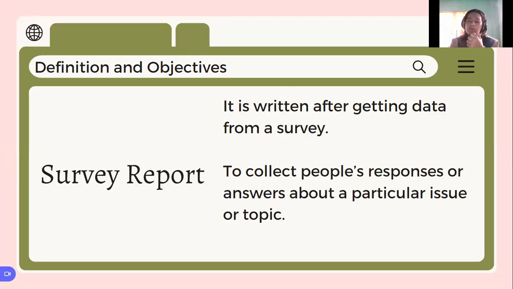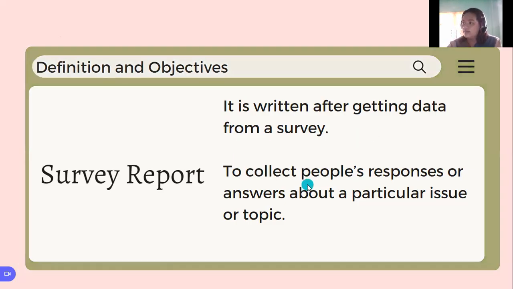Sometimes they are asked about recent activities, practices, beliefs, or things that we can survey about, especially when we talk about a topic. So it collects people's responses or answers about a particular issue or topic. That is the objective of a survey report.